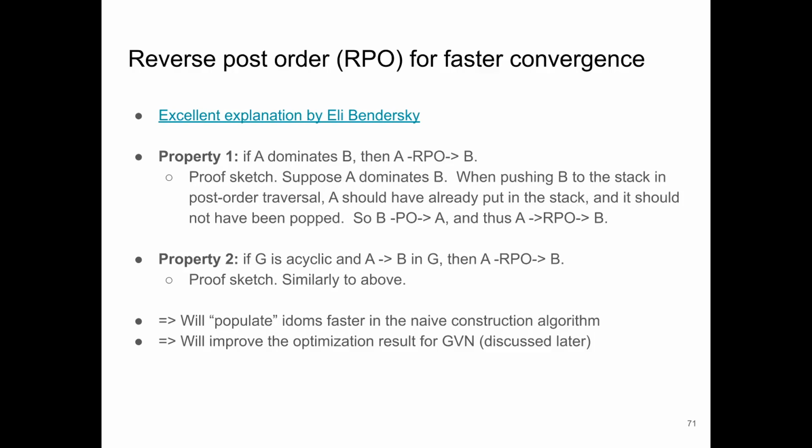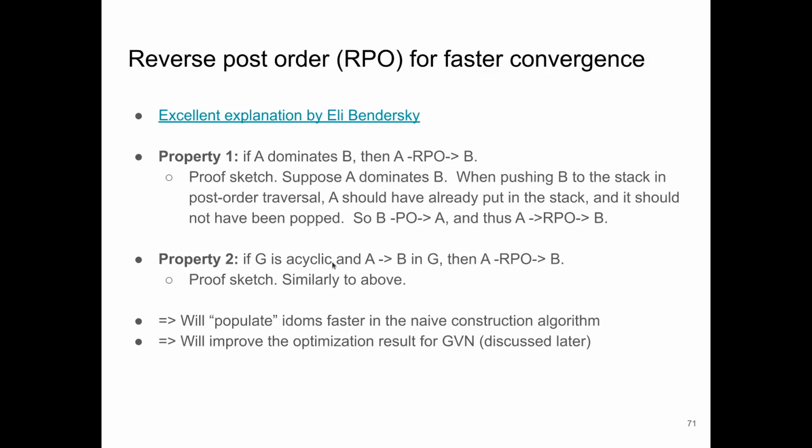So A is still in the stack and not marked yet. That's why B is before A in the post order, and conversely, A is before B in the reverse post order. That's the high-level explanation of this property.